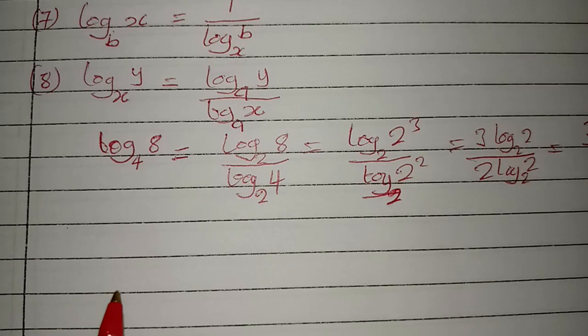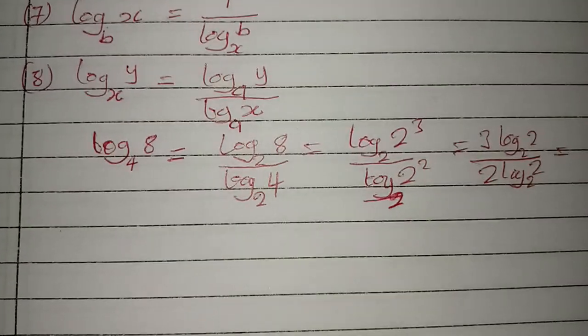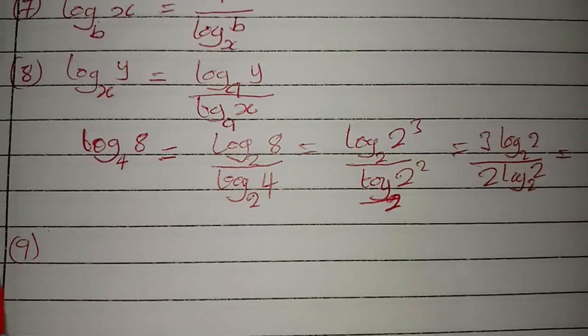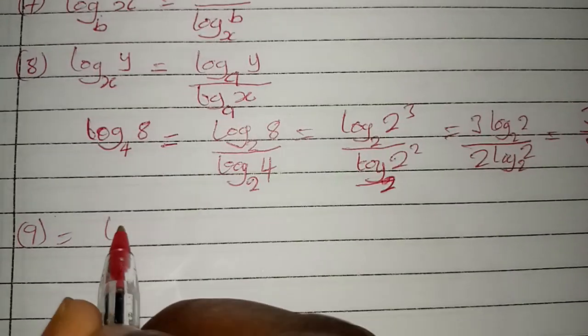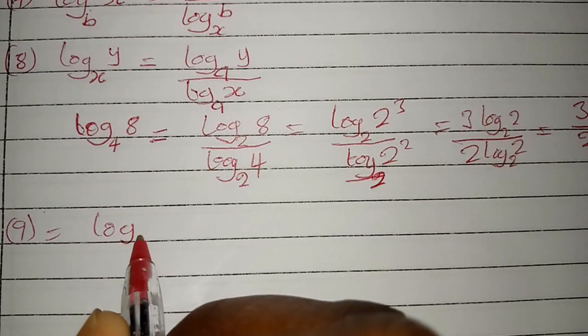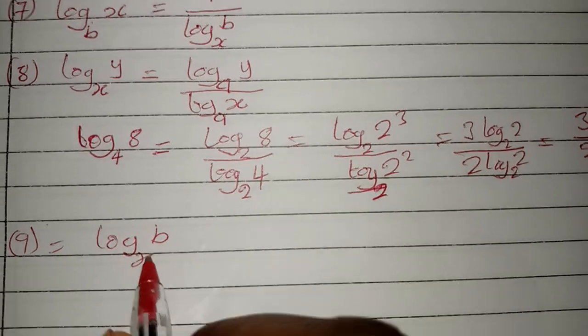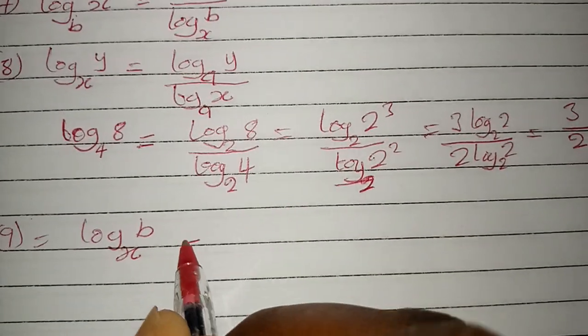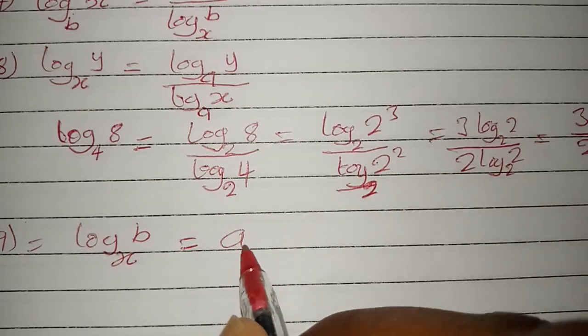So that should be the final answer in this type of law. So I have the last one, which says log x to the base b must be equal to a.